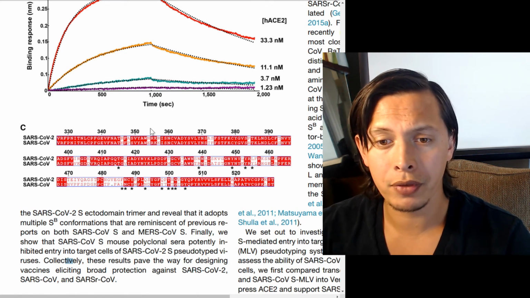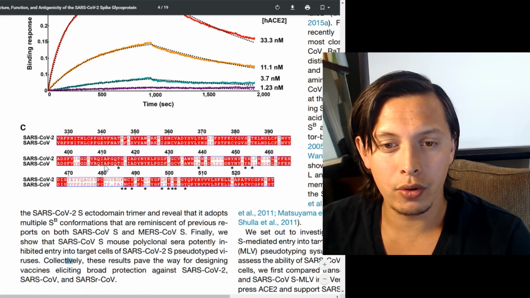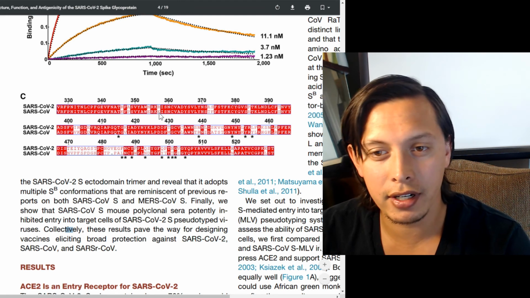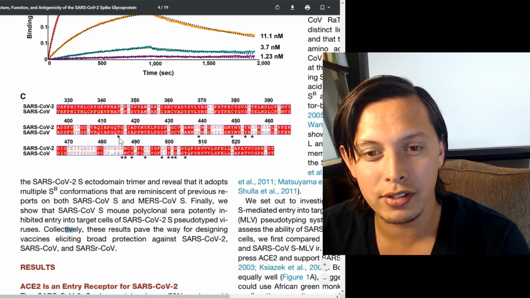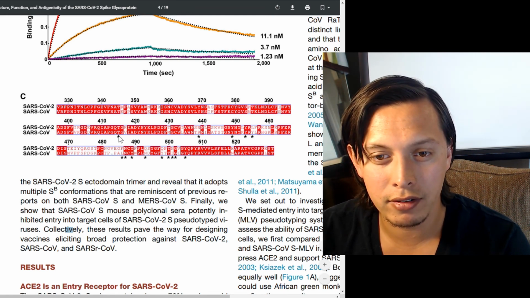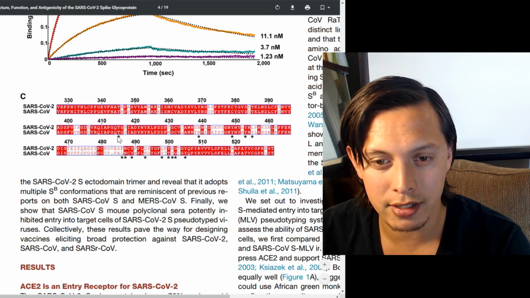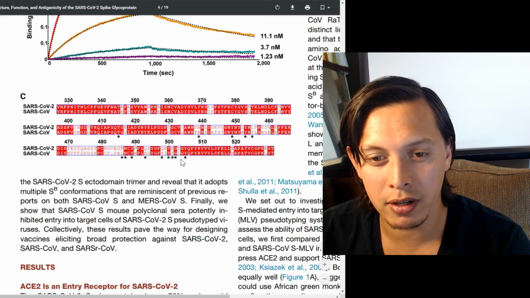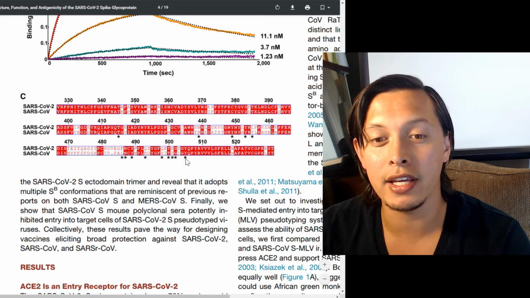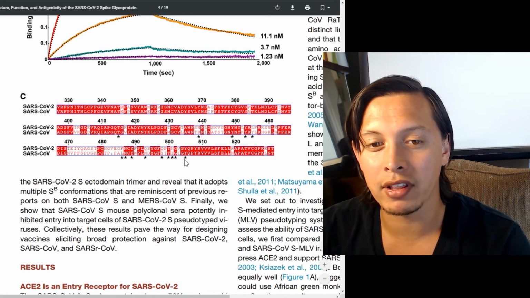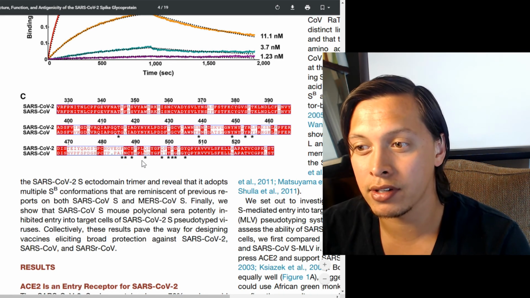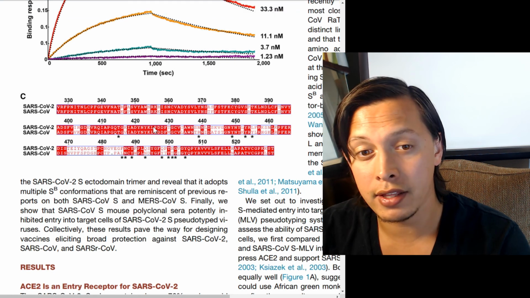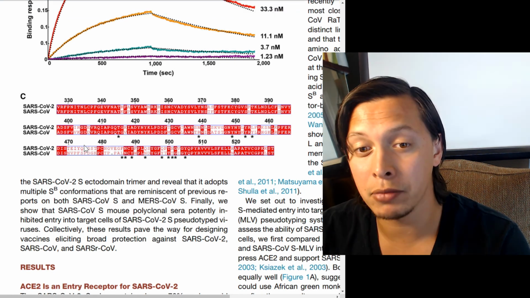So I want you to notice that in the sequence in between here and here, the areas where you have a lot of these highly conserved sequences in the original SARS coronavirus, this area has a lot of mutations in it.